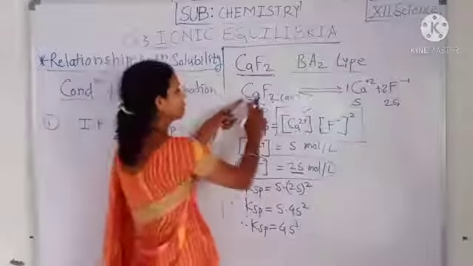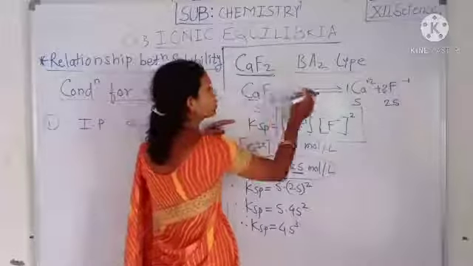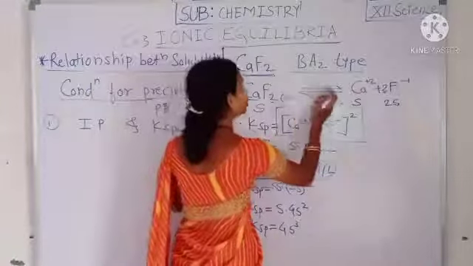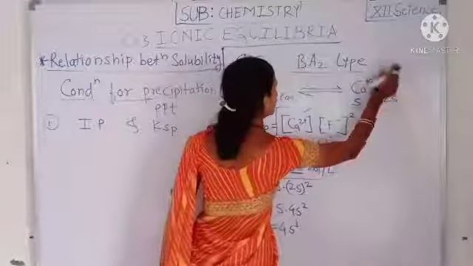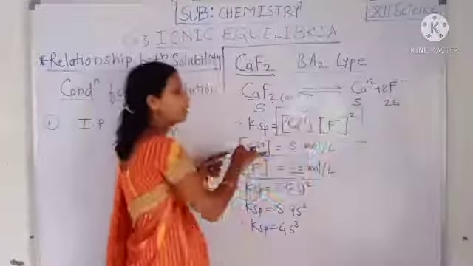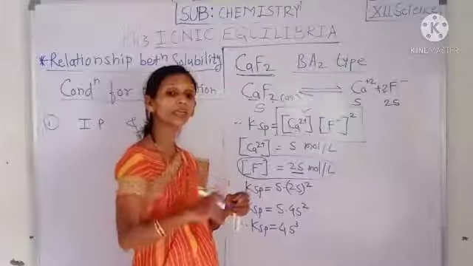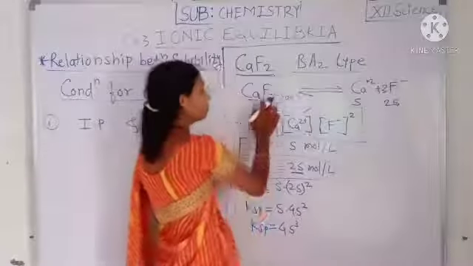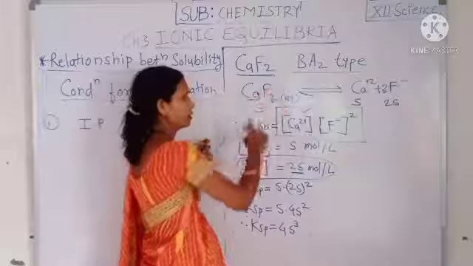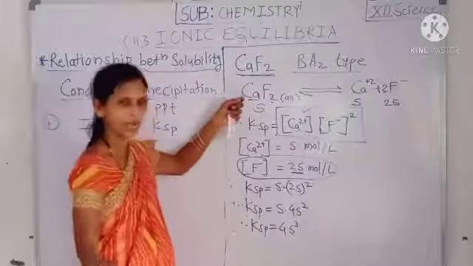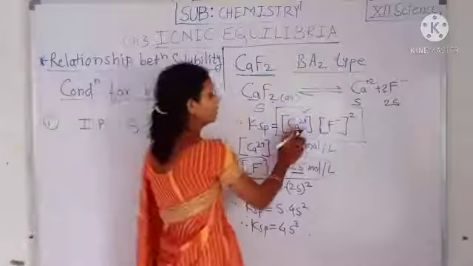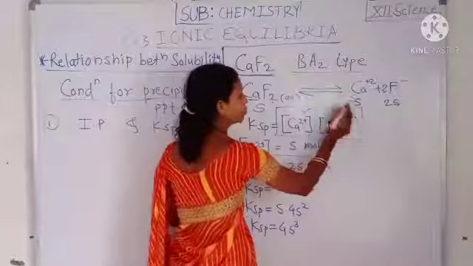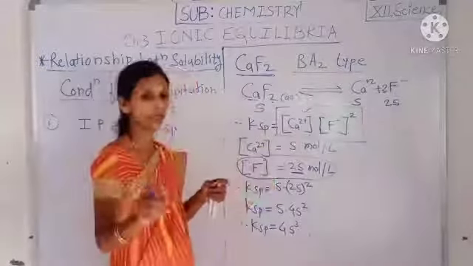That means when CaF2 dissolves in aqueous medium, it dissociates into Ca2+ ion and 2F- ions, and before attaining equilibrium, if we write the equation by applying law of mass action, then the concentration of Ca2+ ion into the concentration of F- ion raised to 2 is the ionic product.